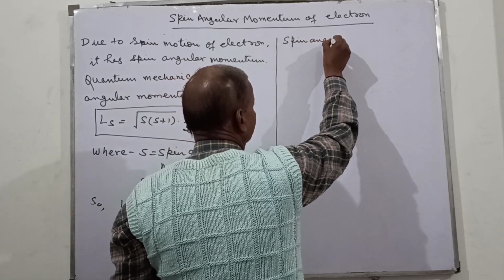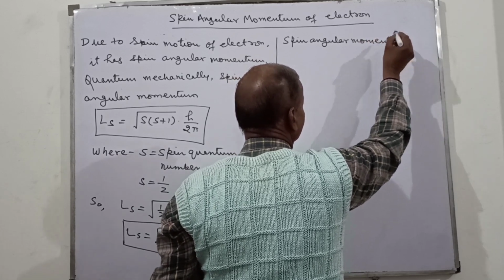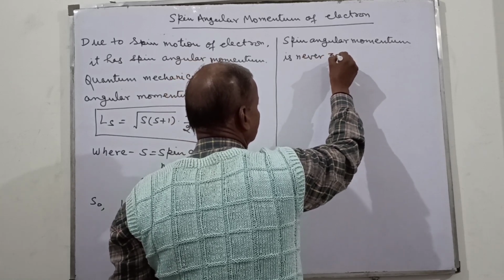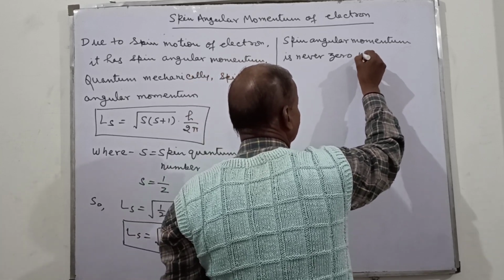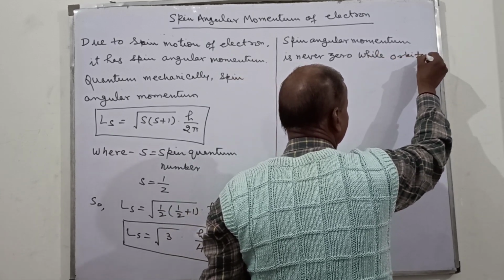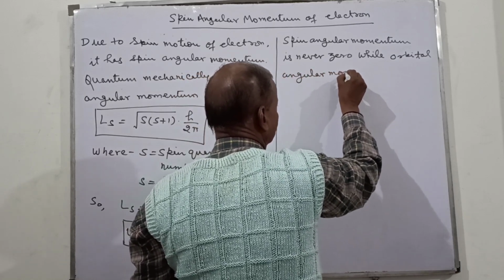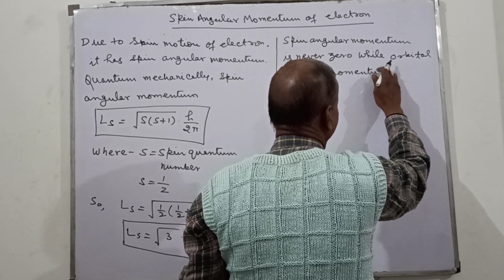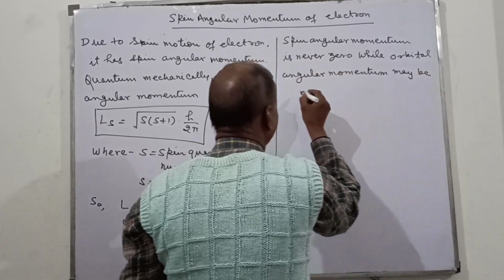Spin angular momentum is never zero, while orbital angular momentum may be zero.